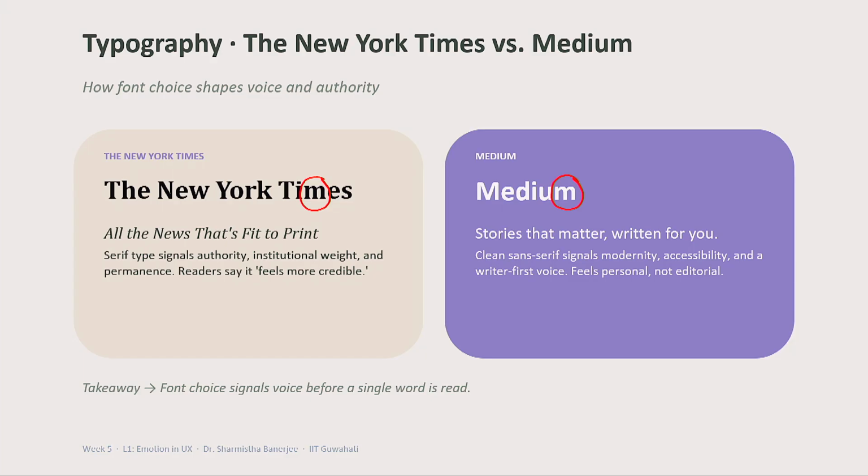It feels personal and not editorial. Because both the channels want to communicate something different in terms of emotions, and both the emotions are attractive for different kinds of people and for different kinds of content that we want to consume, the font becomes the way in which this emotion is communicated.